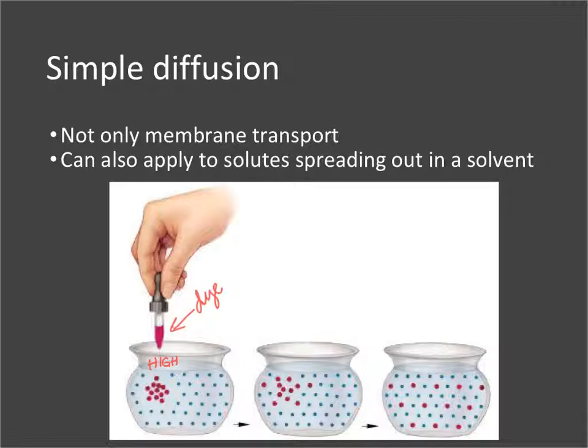And then you can see over here that there is a low concentration of those dye molecules. Now, over time, those molecules start to spread out, and they start to move from that high concentration area to that lower concentration area until they are evenly spaced throughout the solvent.